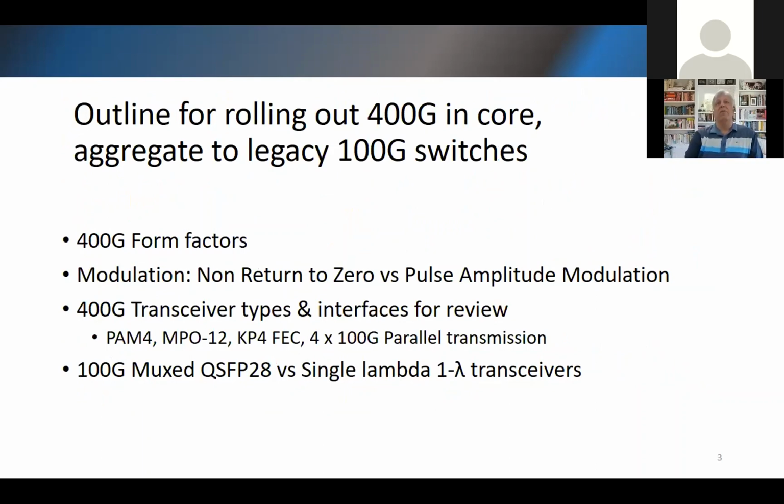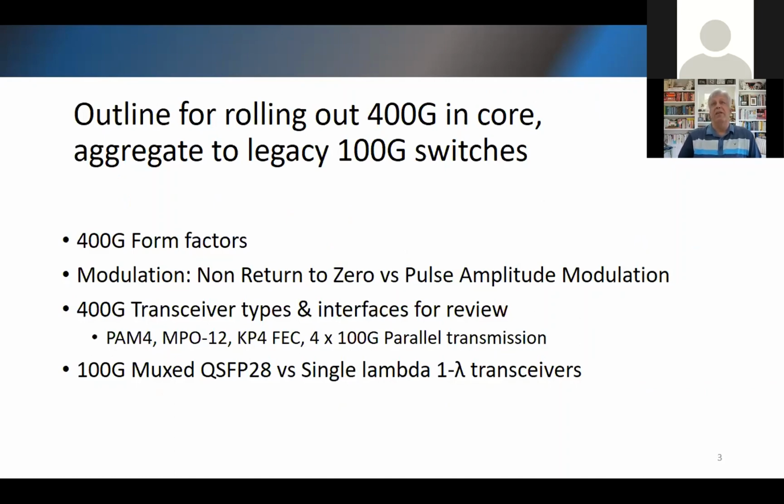Okay, so the first thing we're going to do is look at form factors, specifically for 400 gig. We're going to take a look at the different types of modulation. Specifically for 400 gig it'll be PAM4, but we also want to look at non-return to zero modulation because it has to be backward compatible with 100 gig, and of course most of the 100 gig is NRZ modulation.